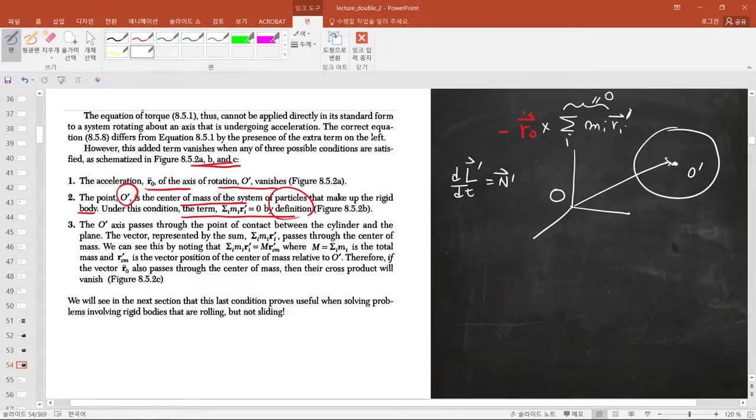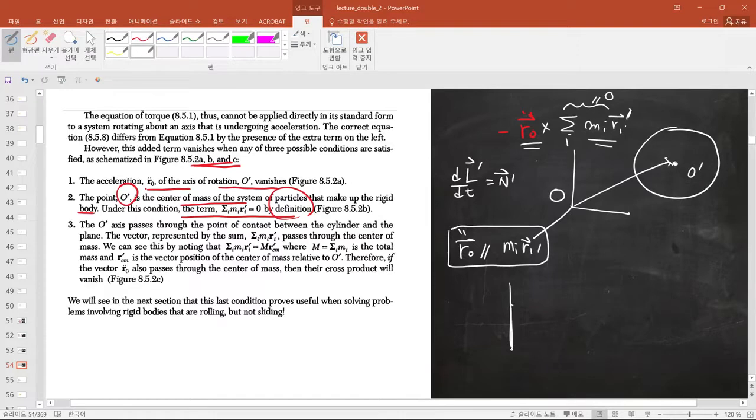So that is the second case. The third one is the following: this term does not vanish identically, but the cross product vanishes. The cross product vanishes means what? r0 double prime is parallel or anti-parallel to sum m_i r_i prime.